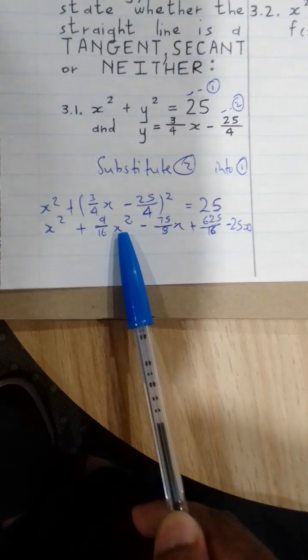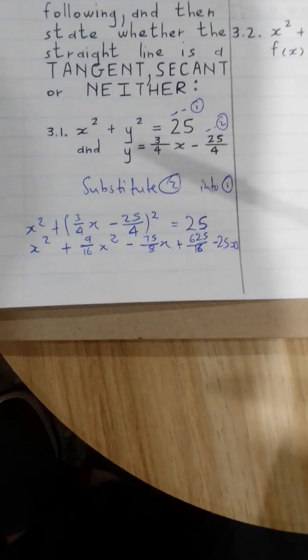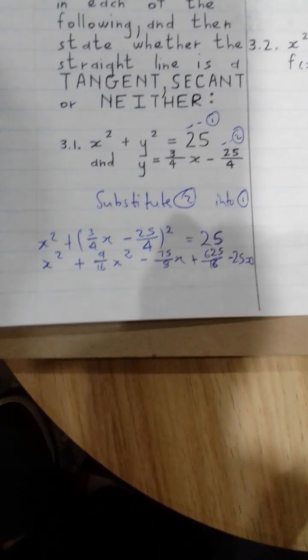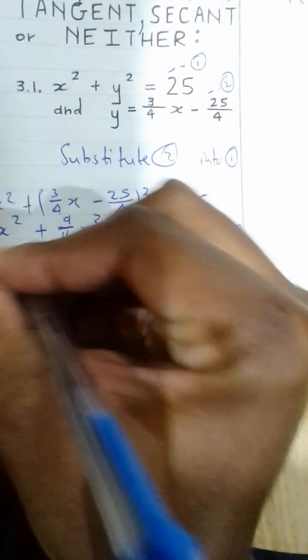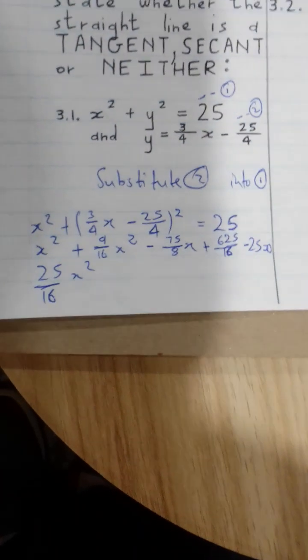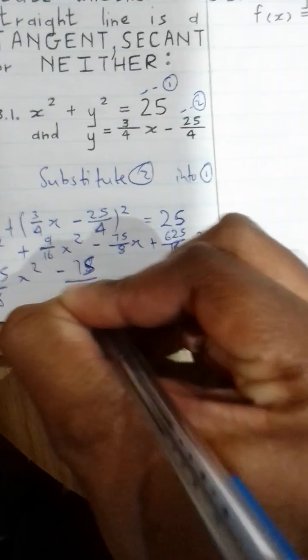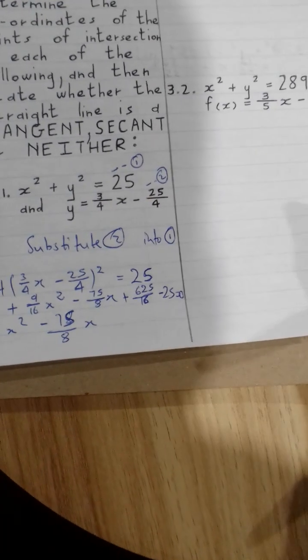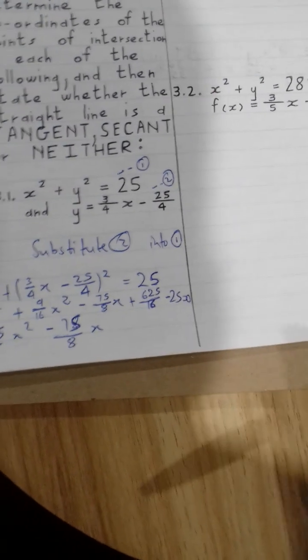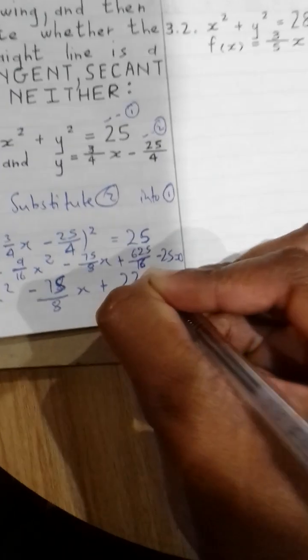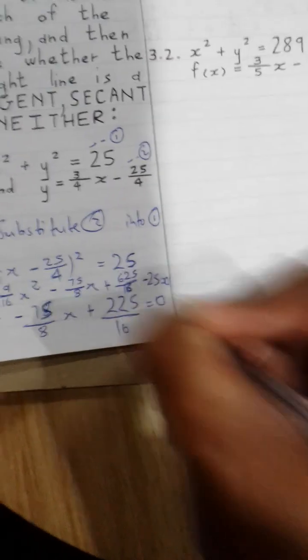Like terms, x squared plus 9 over 16 x squared, 1 plus 9 over 16, is 25 over 16x squared, minus 75 over 8x, plus 625 over 16 minus 25, which is 225 over 16, is equal to 0.